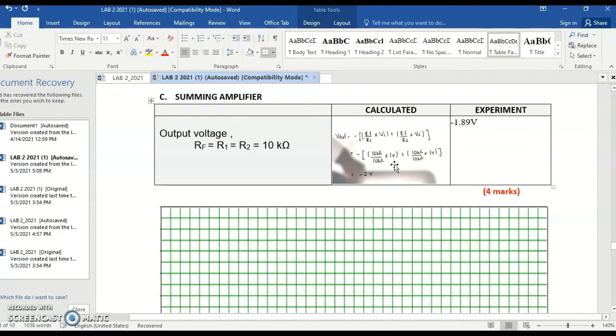I use Vout equal to negative RF over R1 times V1, plus RF divided by R2 times V2. So I get negative 2 volt. For the experiment, I get negative 1.89 volt.